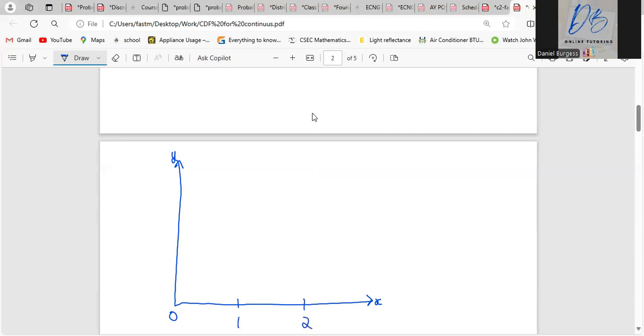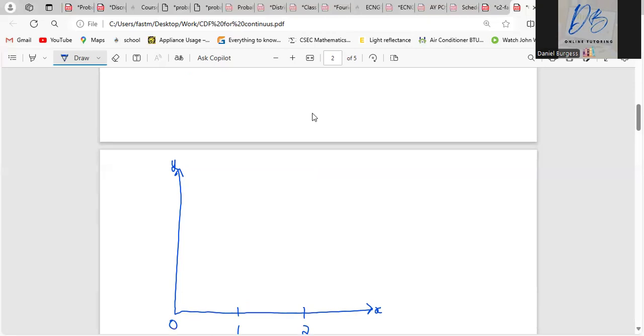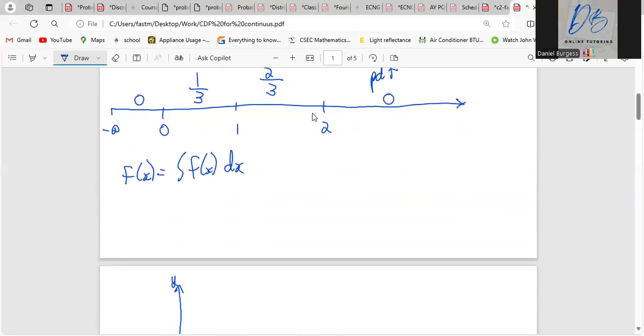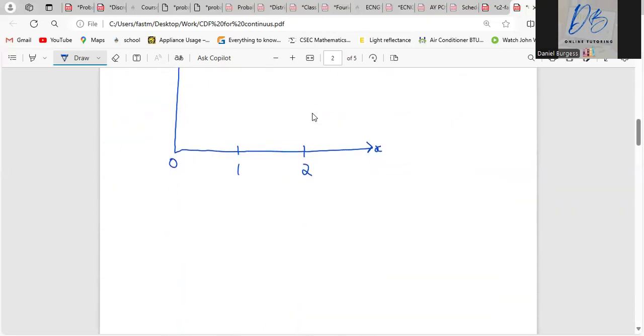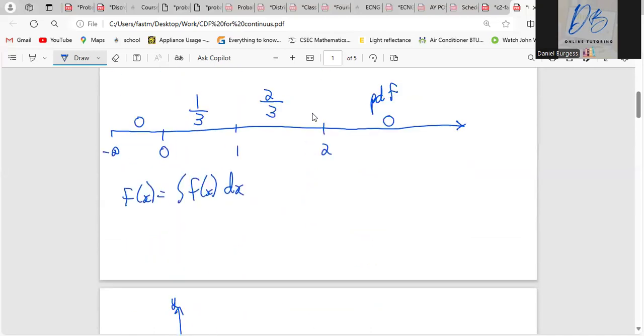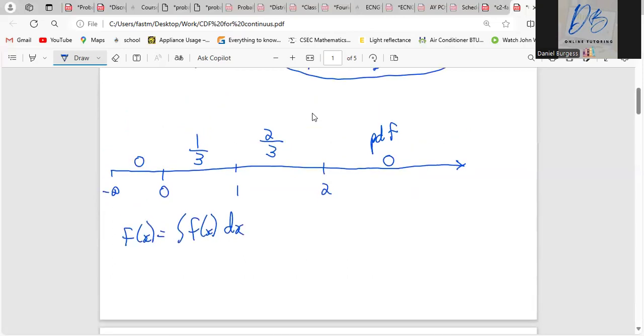But we need to integrate the PDF cumulatively, right? So for the first interval from 0 to 1, the function is 1/3, right? Since it has nothing before, it is going from minus infinity, and the capital F is the probability of x being less than or equal to.